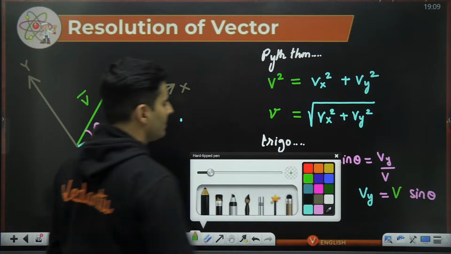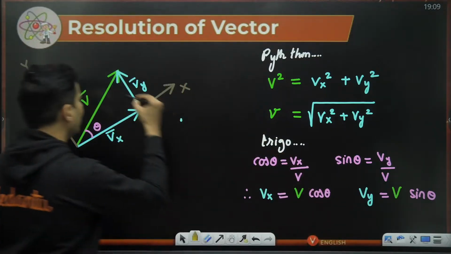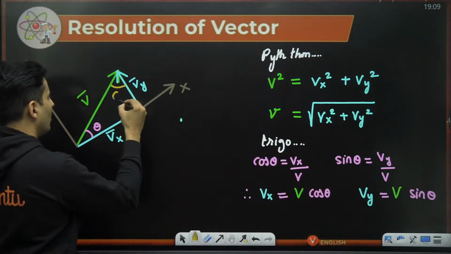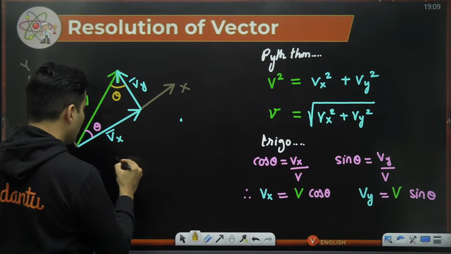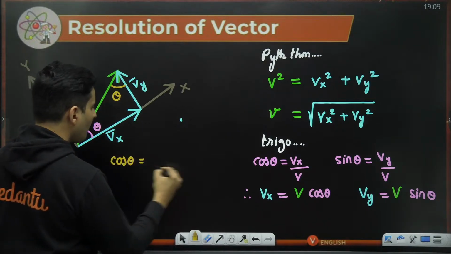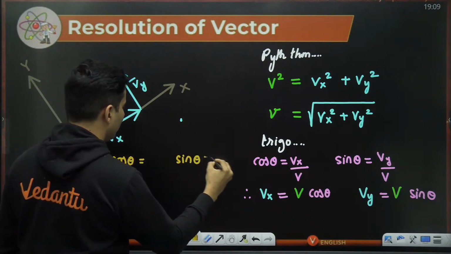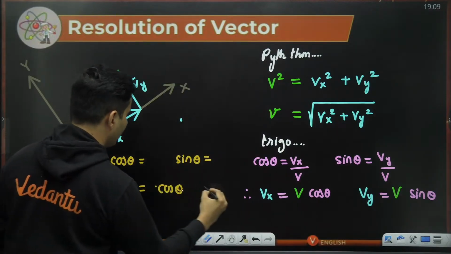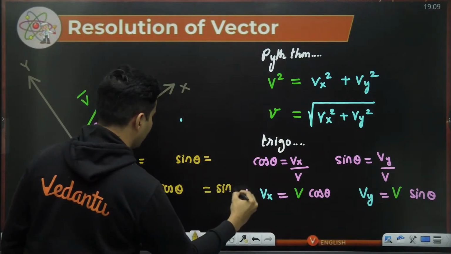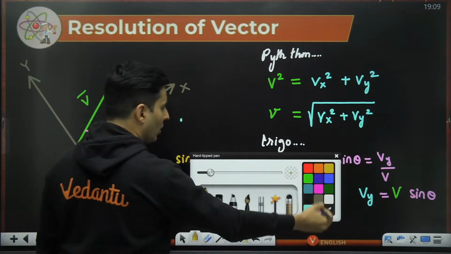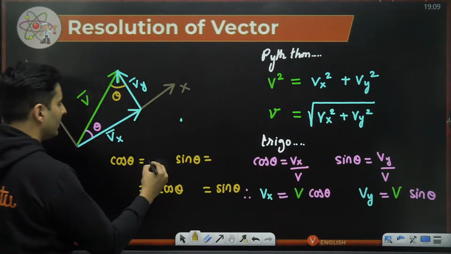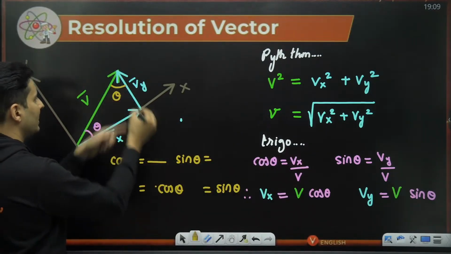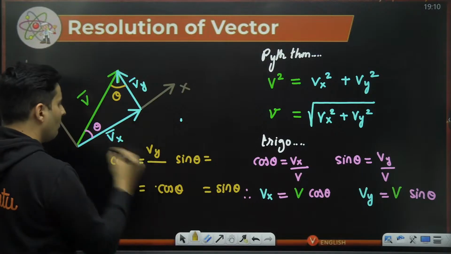Not just that, somebody might argue, no sir, for me this angle is theta. Okay, so then for you cos theta and sine theta will be something slightly different. Just think, for that person cos theta will be nothing but vy by hypotenuse.